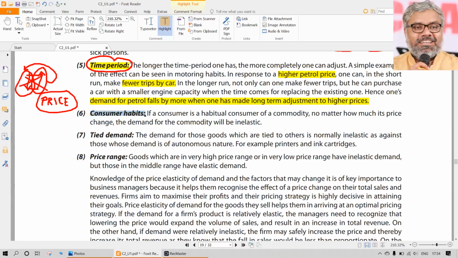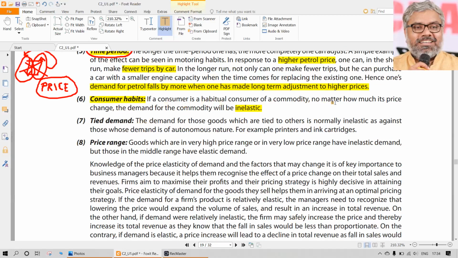Of course, consumer habits is a natural point. If the consumer is a habitual consumer of a commodity, and the price changes, the demand for that commodity will generally be inelastic. Particularly, let us say tobacco products like cigarettes. If somebody is habituated to that, irrespective of the change in the price, in general, the prices of cigarettes will change every year.